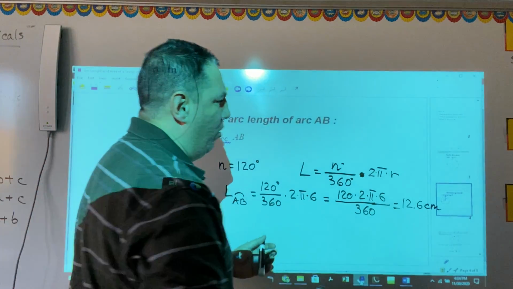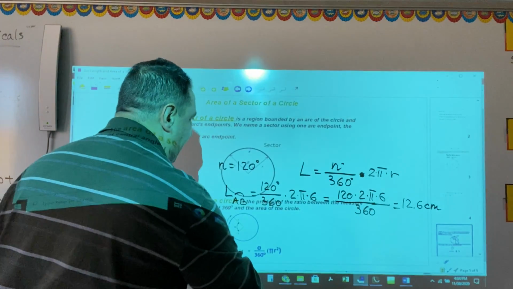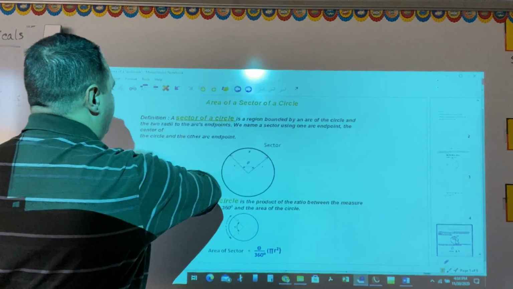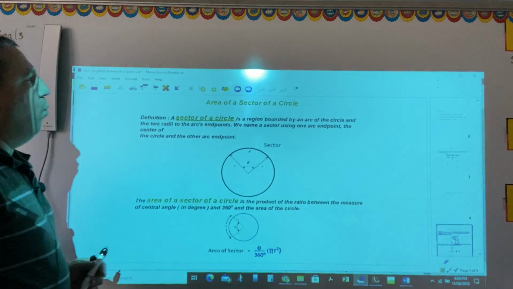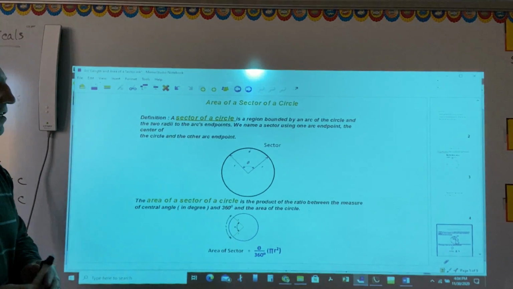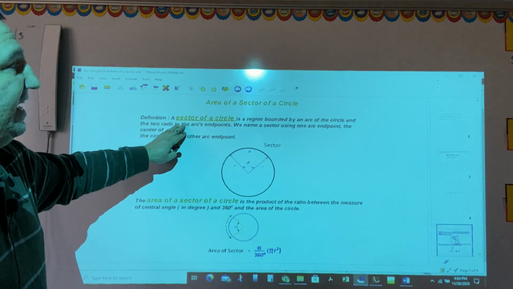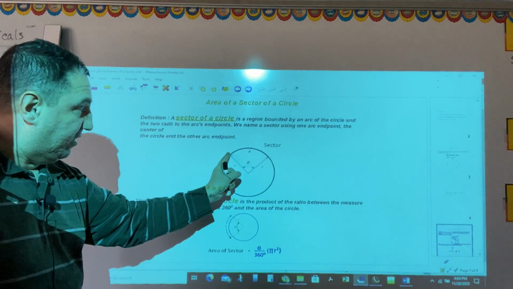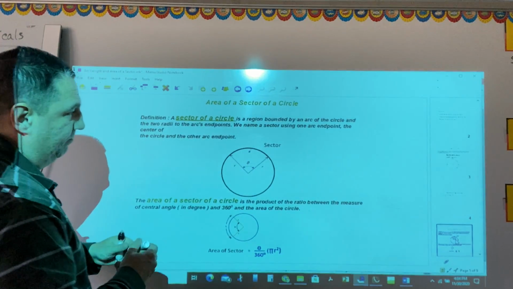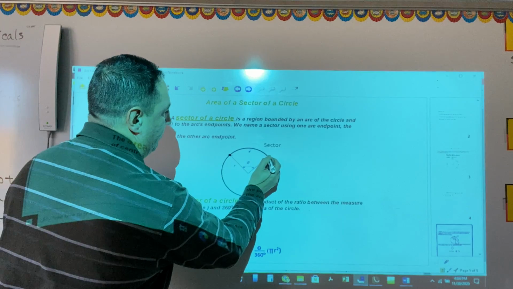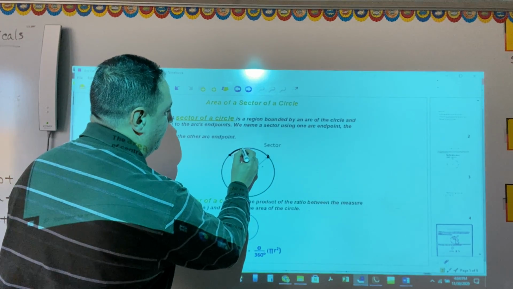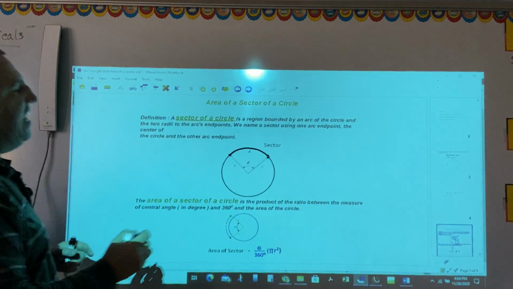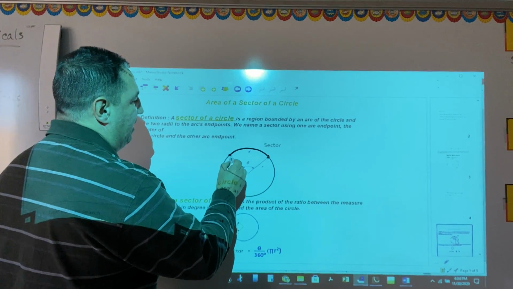Now let's talk about the sector of a circle. What is a sector of a circle? A sector of a circle is a region bounded by an arc of the circle, like this one, and the two radii of the arc's endpoints.